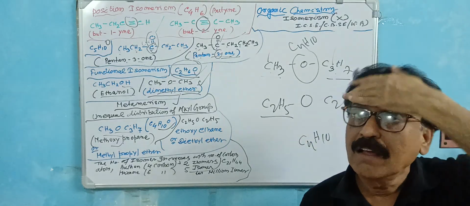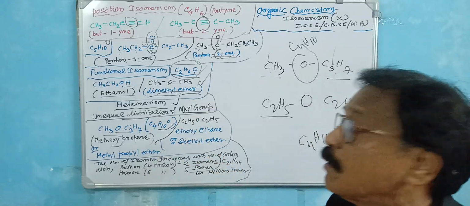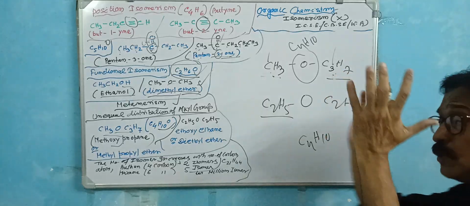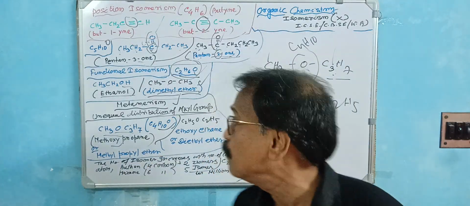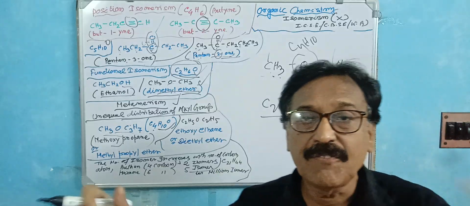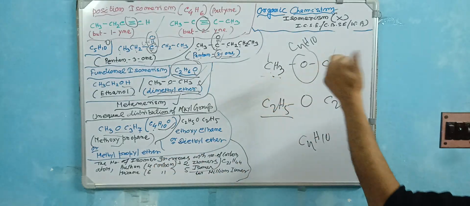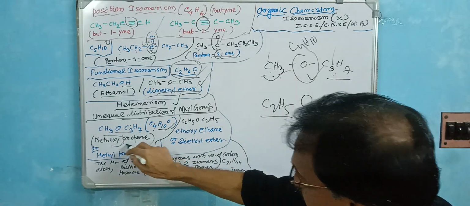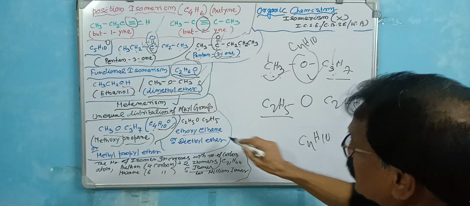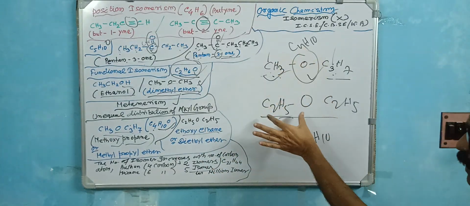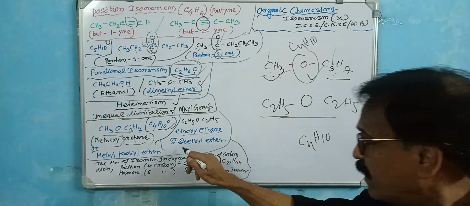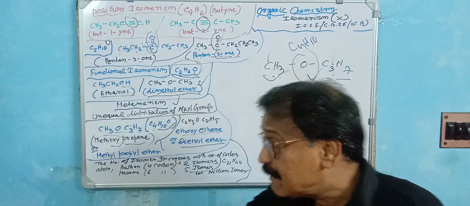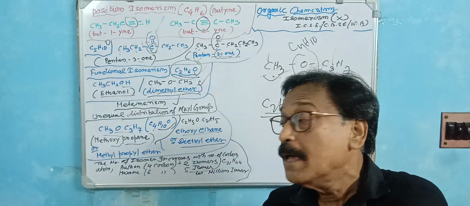So this is the unequal distribution of the alkyl group: CH3 and C3H7 here, C2H5 and C2H5 there. The molecular formula is the same, but the alkyl groups are different. Here it is methoxypropane, but here it is ethoxyethane, or you write diethyl ether. Diethyl means two ethyl groups. That is metamerism.